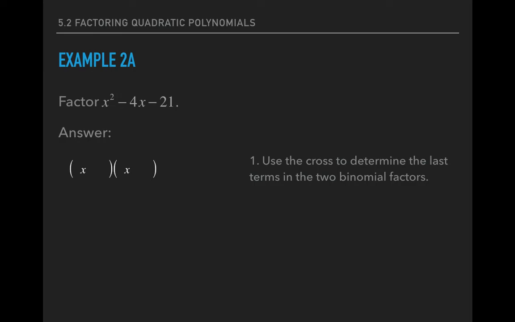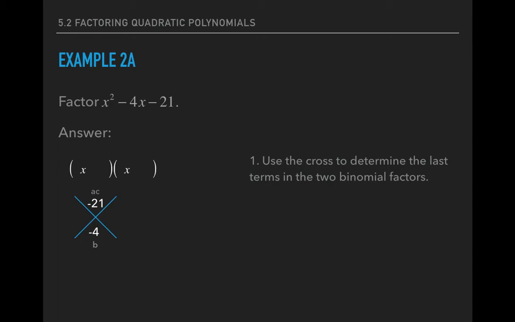But what are going to be the numbers? Well, there's kind of a strategy I like to use. It's called the cross method. And so what I think of is, okay, I want something that is going to add to give me my b value, which is -4. And I want numbers that will multiply to give me -21, which is really what happens when you multiply a, which in this case is a 1, and -21.